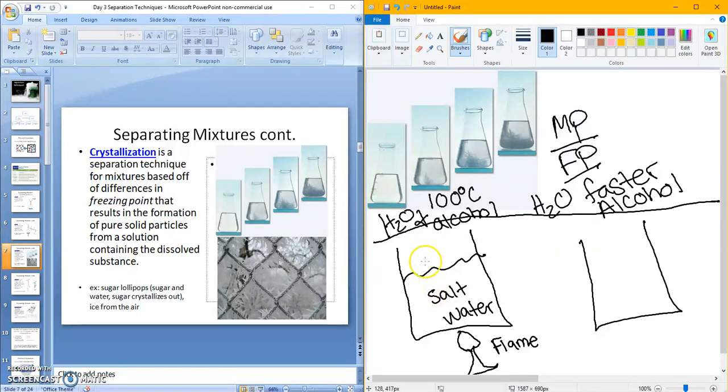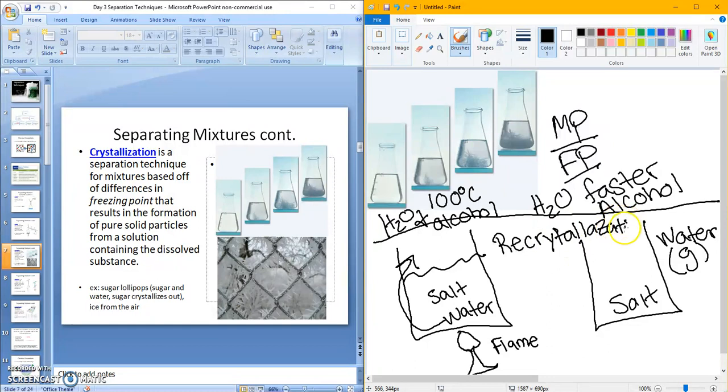So the water starts coming out, and what I'm left with is salt in the dish, and the water turns into a vapor, a gas, and escapes. So the salt left over recrystallizes and turns back into the crystalline structure that salt usually has. This is what we call recrystallization.